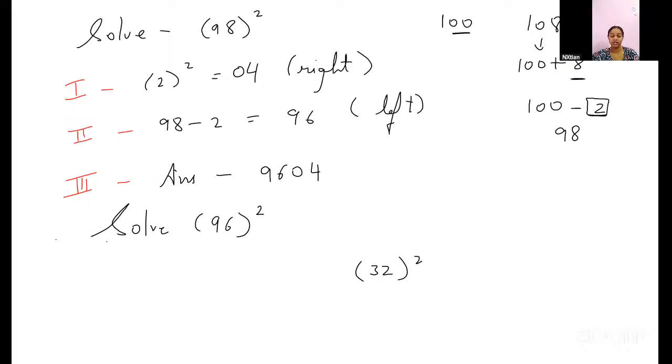Ma'am, how do you do it when the base becomes 30? It's because 30 is not like 100. Is it still the same way?